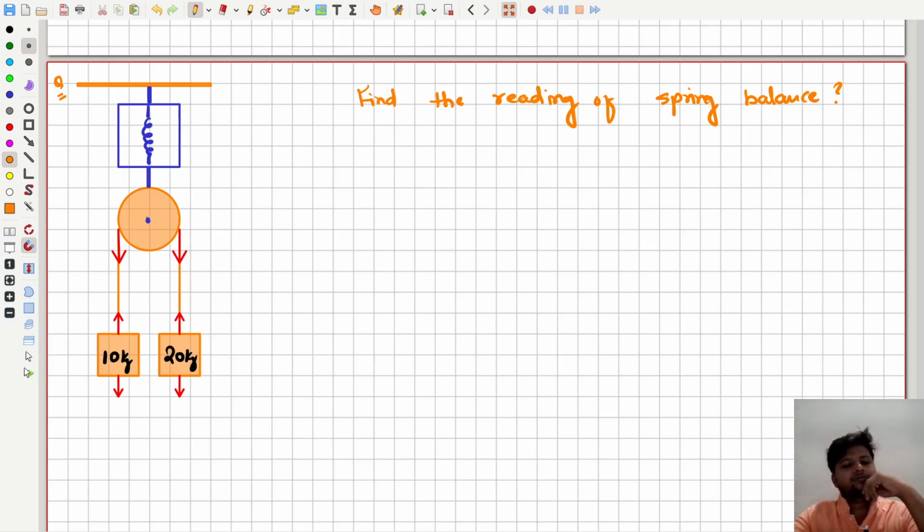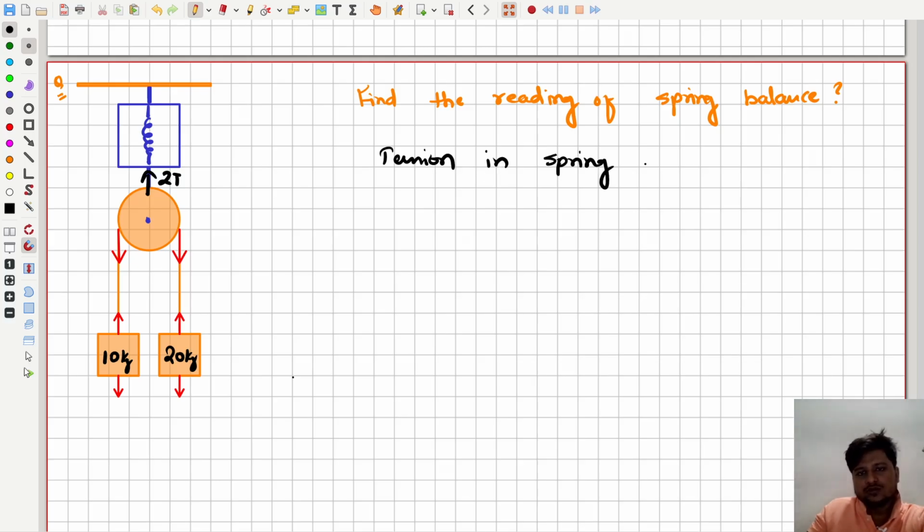Answer? Again, this one will read 2T or not? Tension in spring balance is 2T.